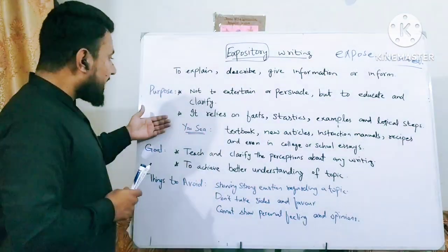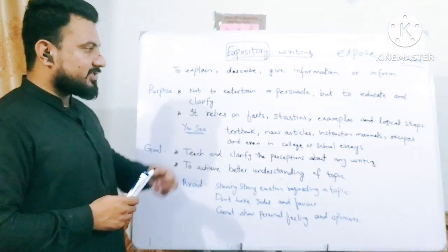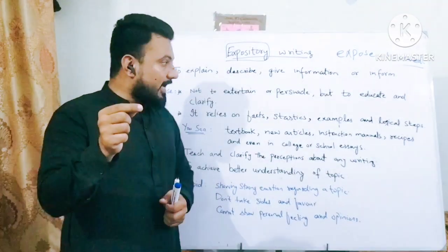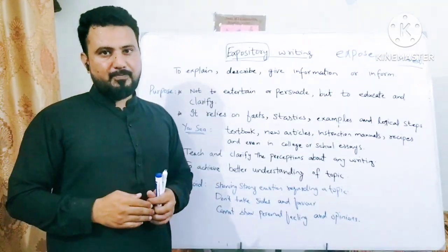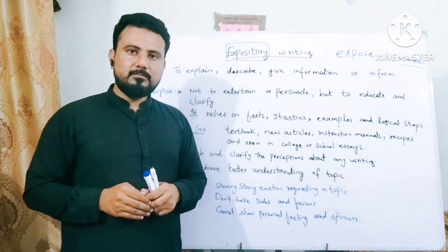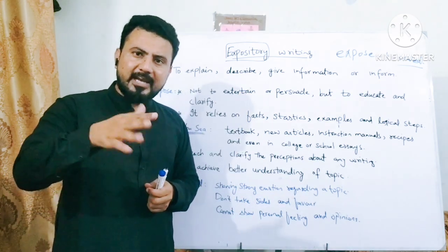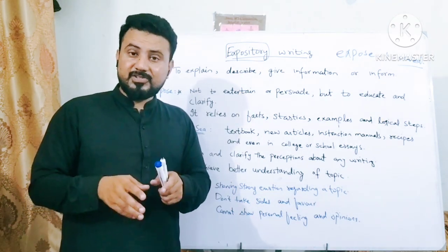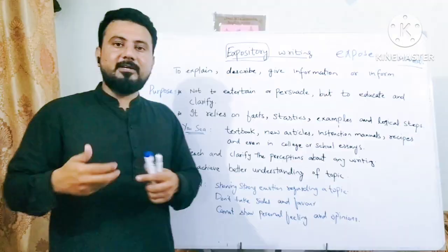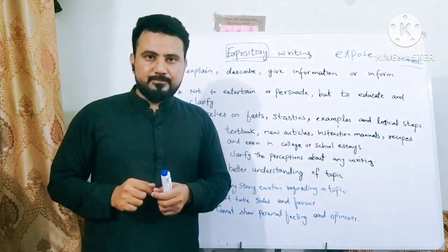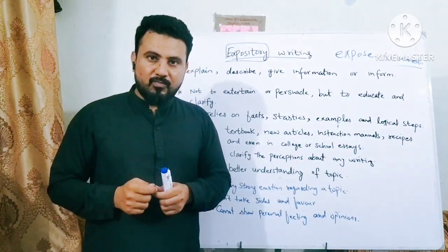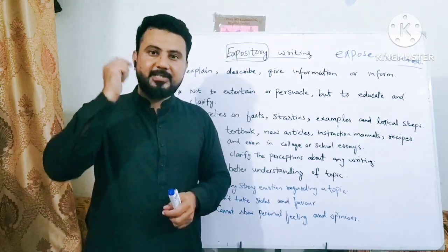Dear students, it relies on facts, statistics, examples, and logical steps in order form, in a sequence form, not randomly. Ideas are not scattered in expository writing. When we think about some topic, we have so many ideas scattered in our mind.